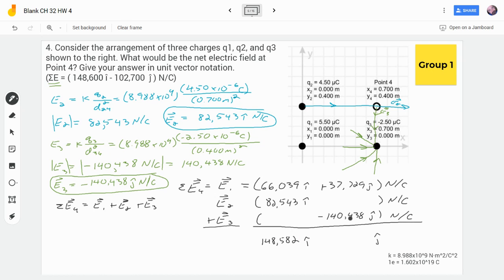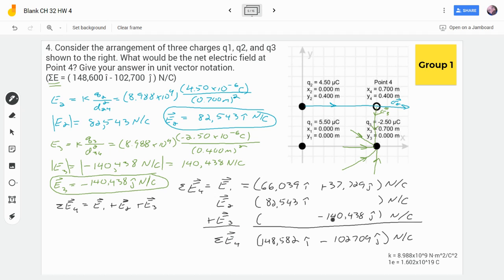And then for the j hat side, 37729 minus 140,438, and I get a minus 102,709 newtons per coulomb. So this is what the sum of these three is.